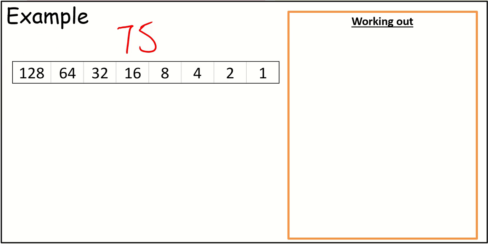We need to know that the place value with the highest value, so in this case 128, is called the most significant bit, or MSB, and the lowest place value, in this case 1, is going to be the least significant bit.